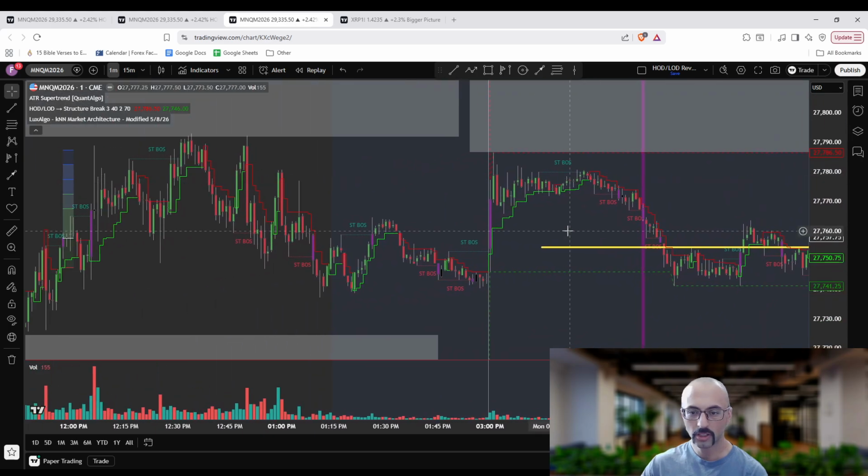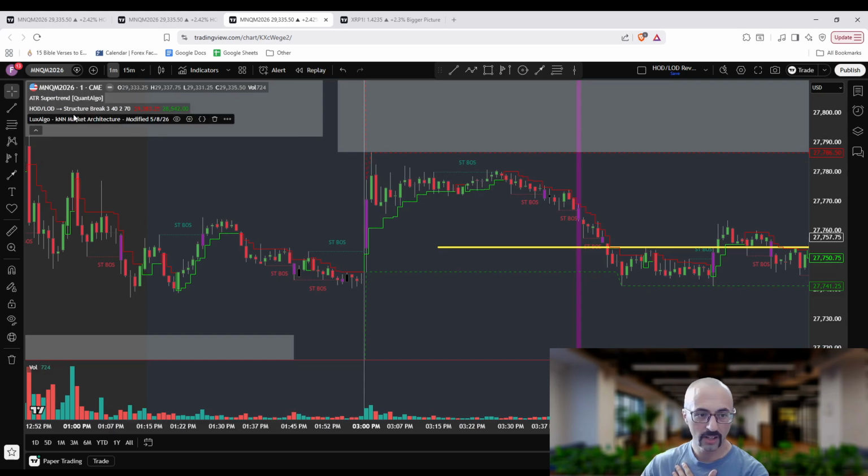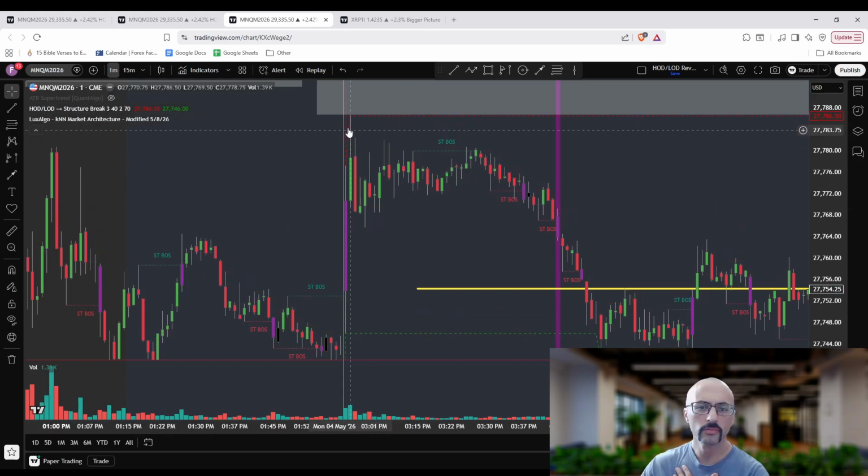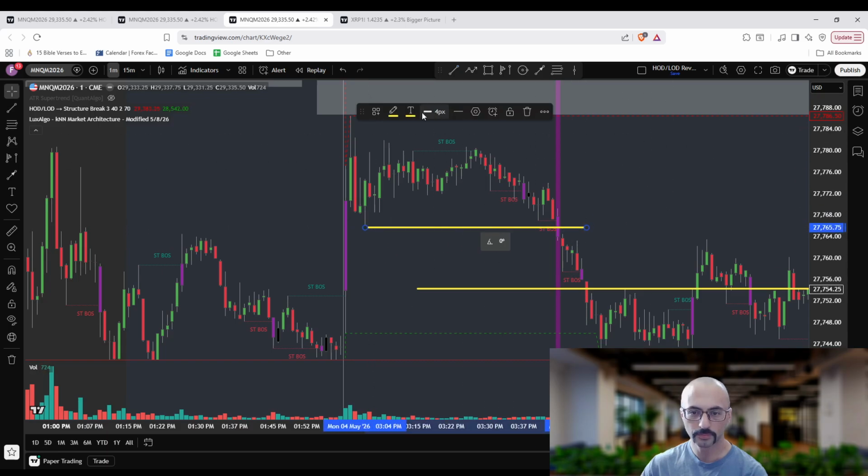Let's see what we do have. One of my signals, the high of day, low of day structure break. We make a high of day, and then our first, okay, so here's the high, and then our first swing 3 is going to be here.